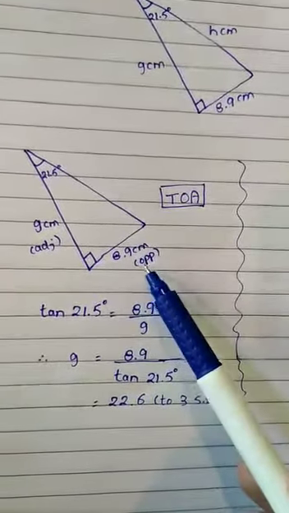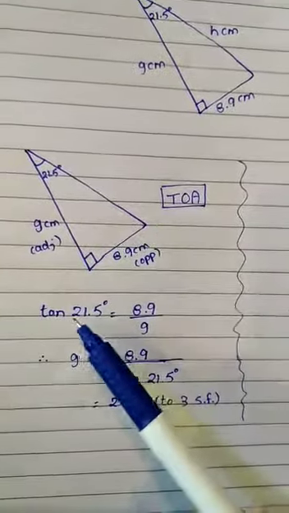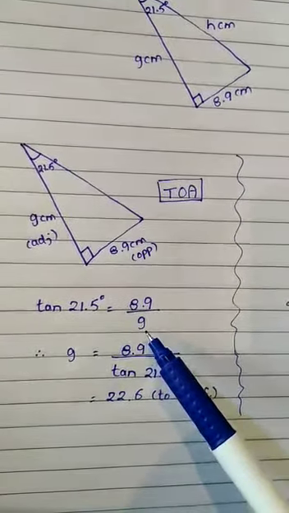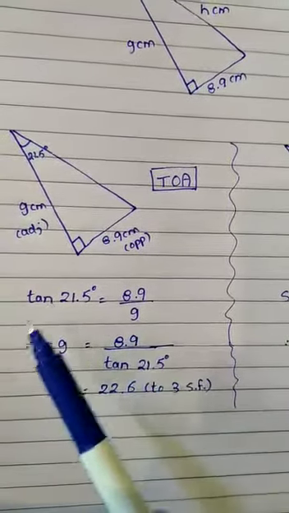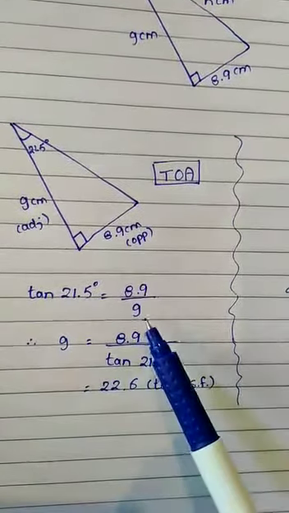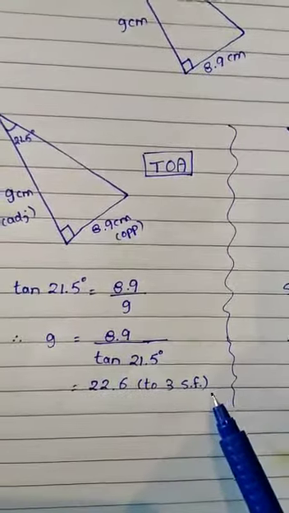So we have the opposite side and adjacent side, so we will apply TOA. Tan 21.5 is equal to opposite 8.9 over adjacent, which is G. Then G is dividing here, so on the other side it will be multiplied, and 10 is multiplying here, so it will be divided. So G is equal to 22.6 to 3 significant figures.